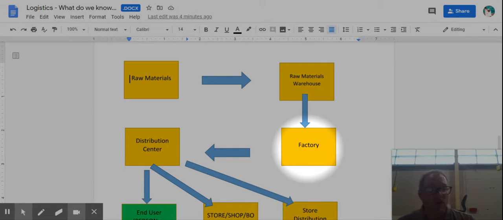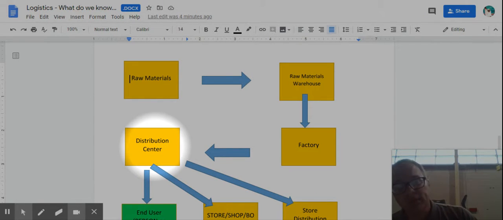They've all got distribution centers, and it is from there that the stores will actually start to break it down into smaller quantities to send to the actual place where a consumer would end up going. So, factory then sends it to the distribution center.